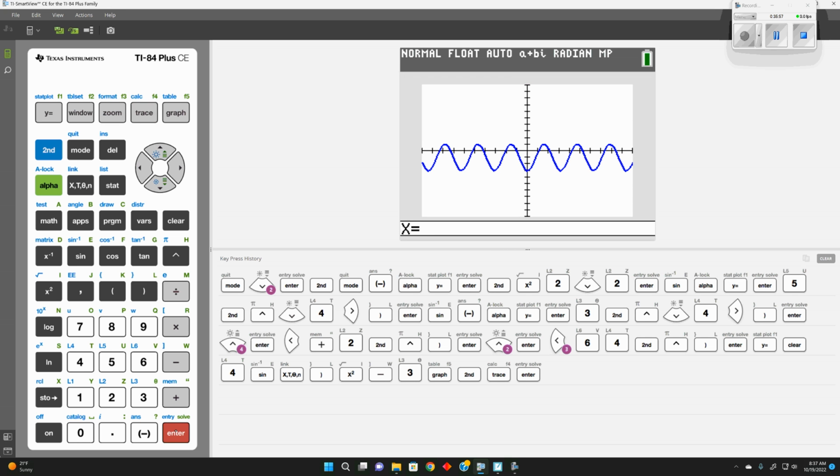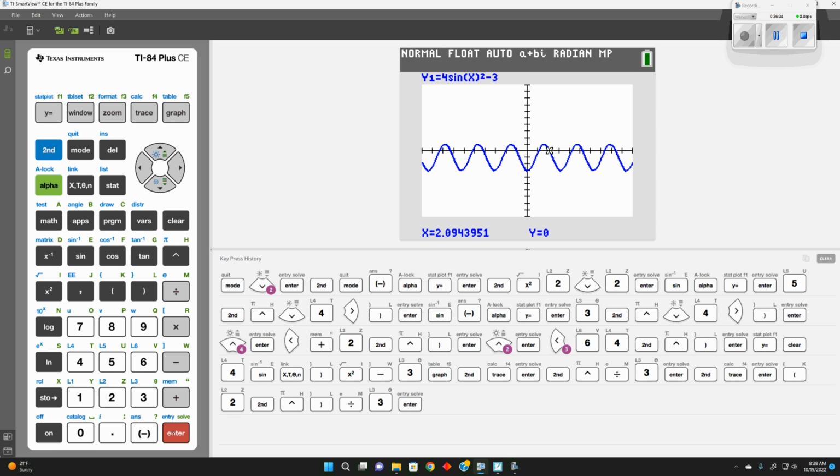We're picking a value for x because unfortunately pi over 3 is not a nice number to especially find on a table. So we can go second pi divided by 3. So we gave it the x value, the y value is 0. Isn't that what we wanted? We wanted this function to equal 0. So that is one of the correct answers. I can do it again. Second calculate value, we can say 2 pi divided by 3.